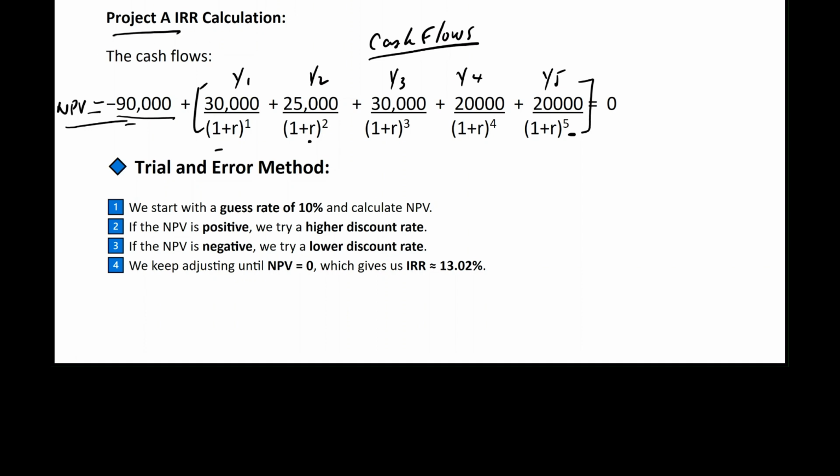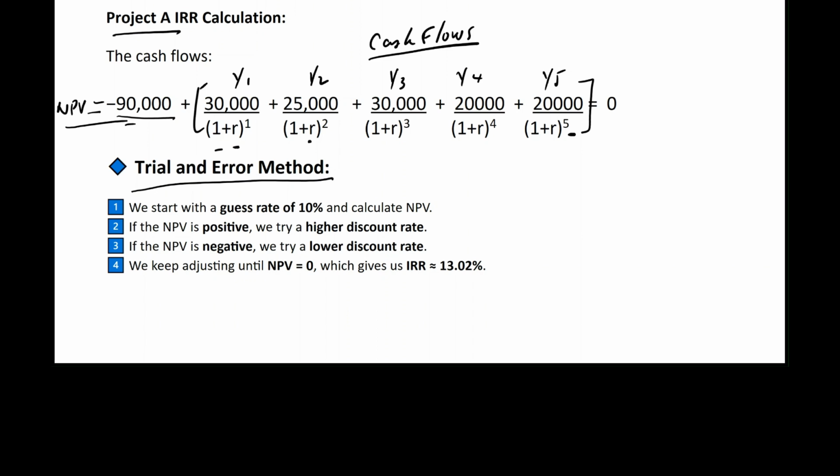Now, you want to determine the net present value, but you have a problem. You don't know the R, the internal rate. Which rate is going to give you that break even? There are a couple of methods that you can use to find that. You can use a trial and error method, which is a long method.